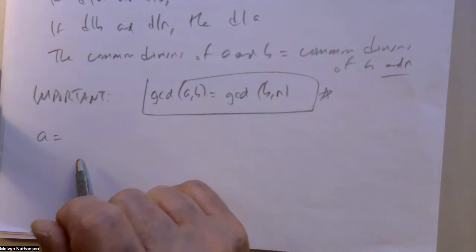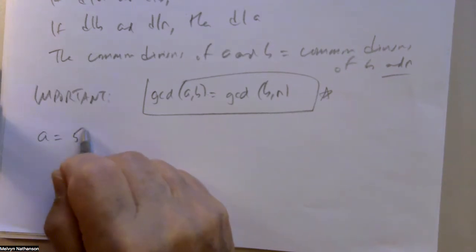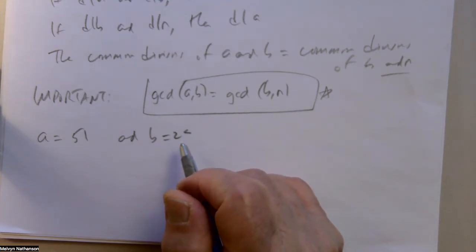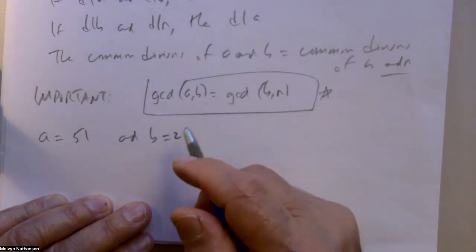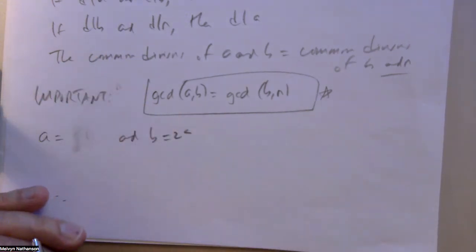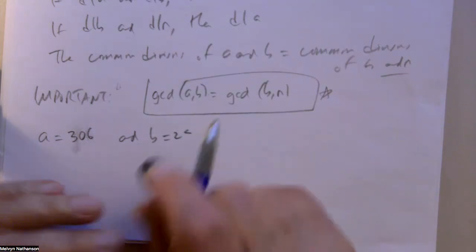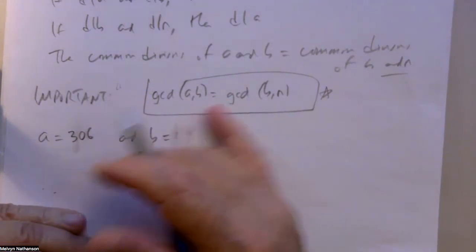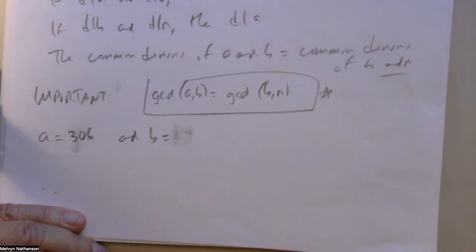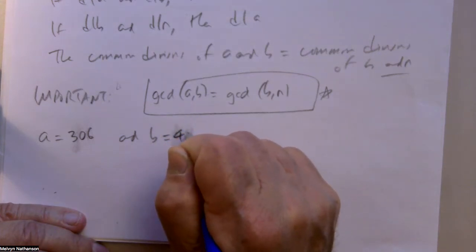So for example, if you let A equal 306 and B equal 42.